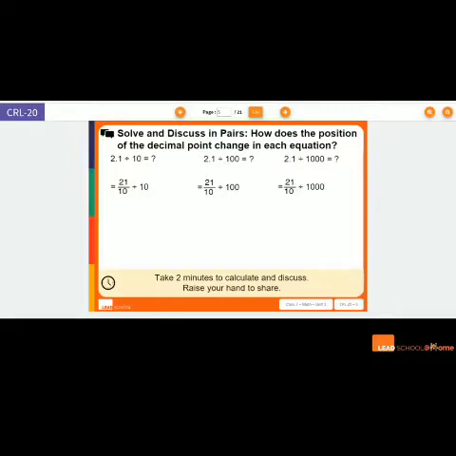Last 1 minute. I hope you're recollecting the concept we learned from our fraction chapter about how to use reciprocals.